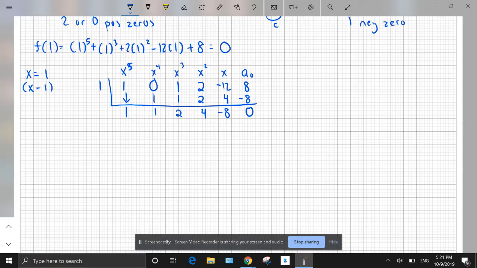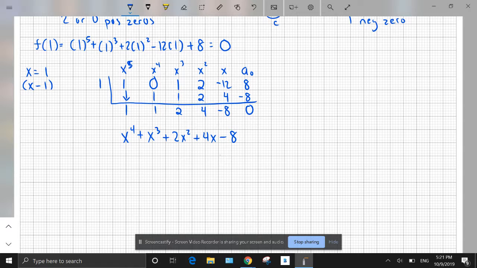Here we're going to lower the exponent, so x to the 4th, x cubed plus 2x squared plus 4x minus 8. So that's our reduced polynomial.